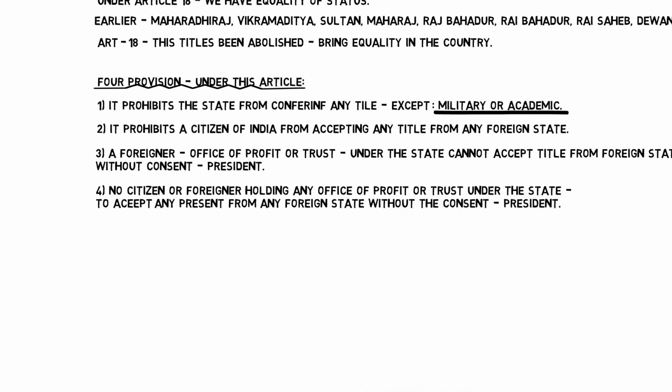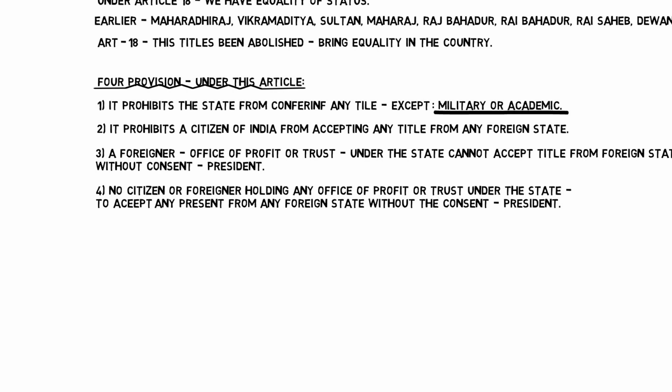That means if they want to accept any gift from any other state, they first have to take the permission of the President, and only then will they be allowed to receive that particular present.